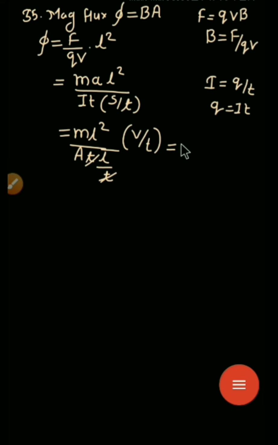Now we'll simplify this. We have M L square. Velocity is nothing but what? Displacement upon time. So I'll write displacement L upon time T, and this time is as it is here, so I'll write here square, and here we have A L. If we solve this, again this L is getting cancelled.